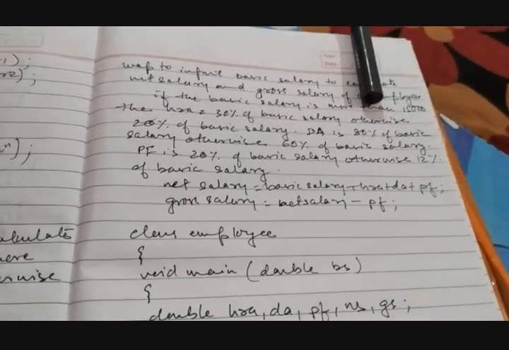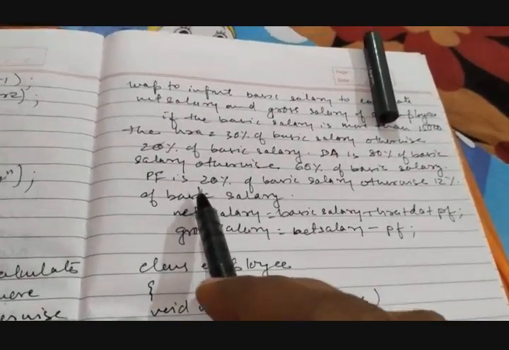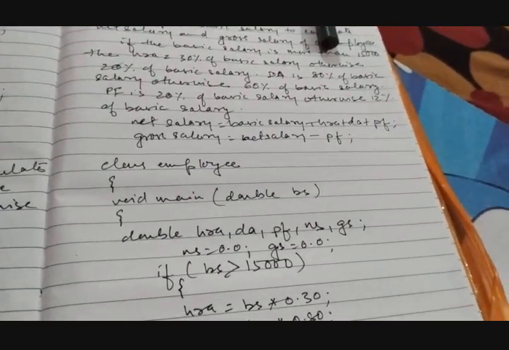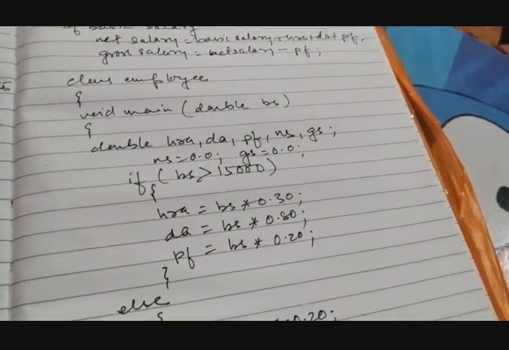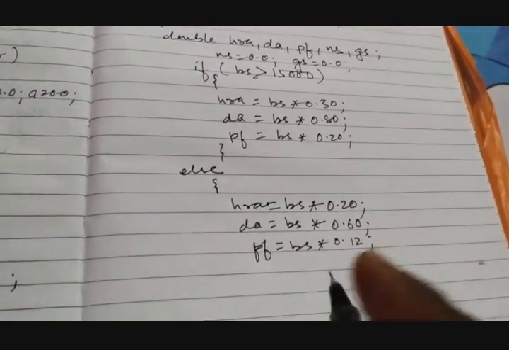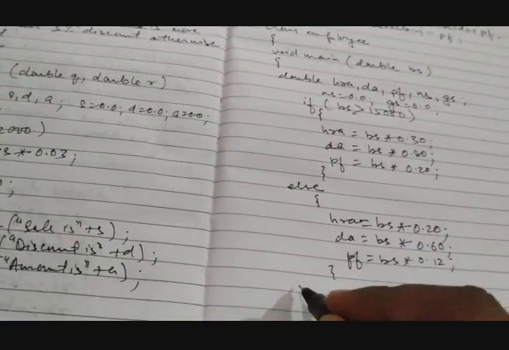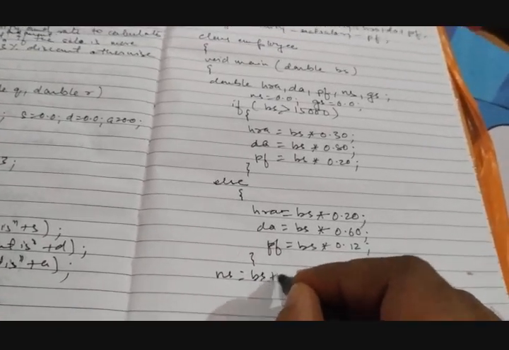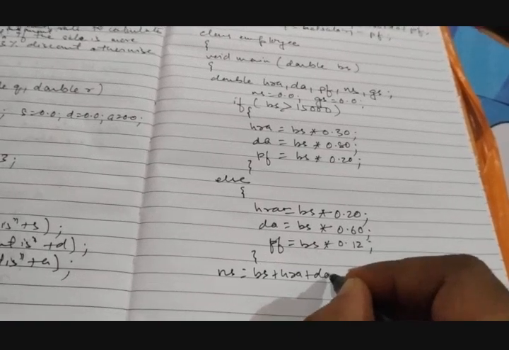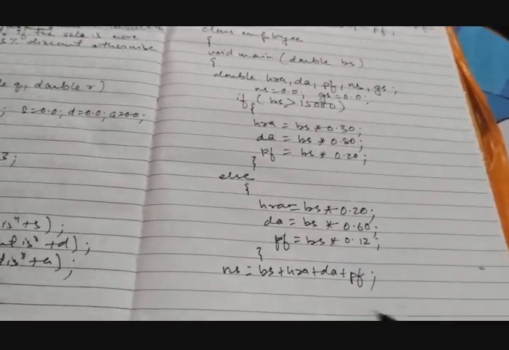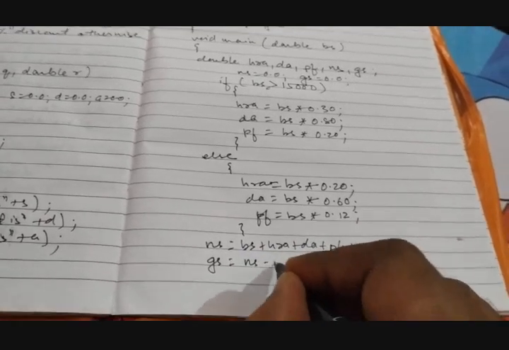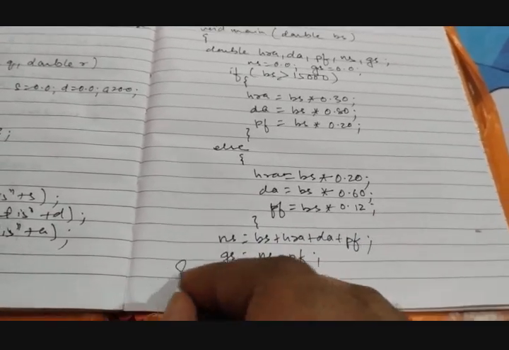And PF equals basic salary, otherwise 12% of basic salary, 0.12. Now else is closed. So what we need to calculate? We need to calculate the net salary. Net salary equals basic salary plus HRA plus DA plus PF, and the gross salary equals net salary minus PF. Print it out.